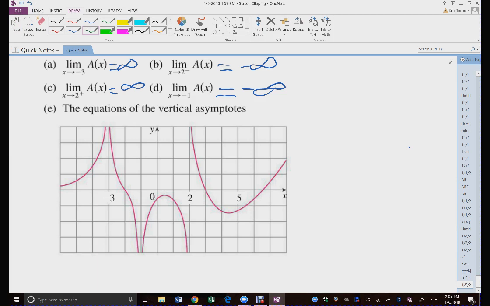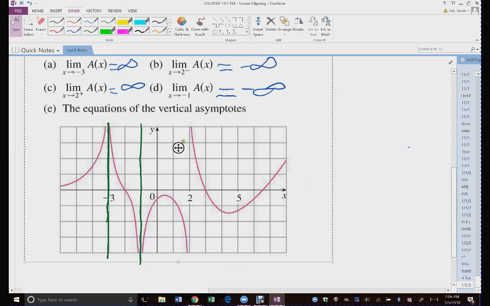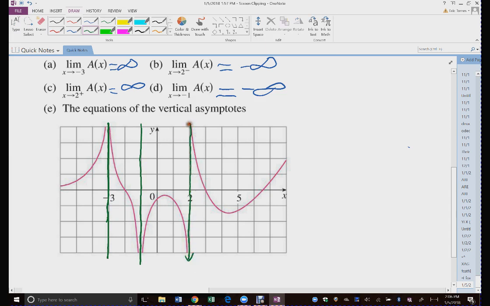If I have a limit going to infinity, either from both directions, which I do at x equals negative 3, both directions at x equals negative 1, or if I'm going from the left-hand side to negative infinity, or the right-hand side to positive infinity, all of those meet the definition of my vertical lines.